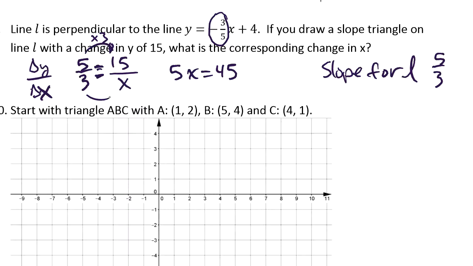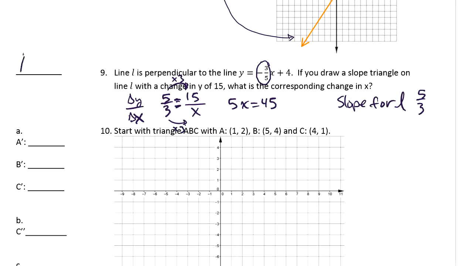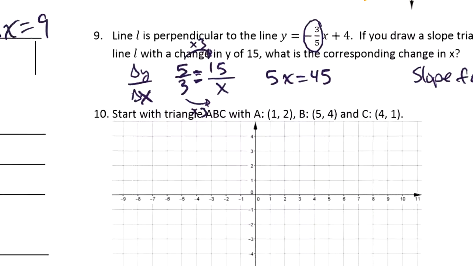So if I multiply this 3 times 3, that would give me my change in x. And the change in x in this case is the number 9. So over here, I'll go ahead and say delta x is the number 9, because 15 over 9 is equal to 5/3.